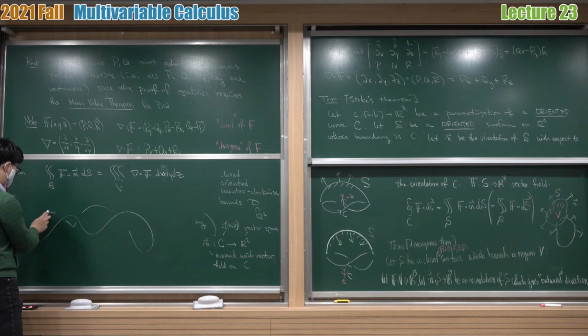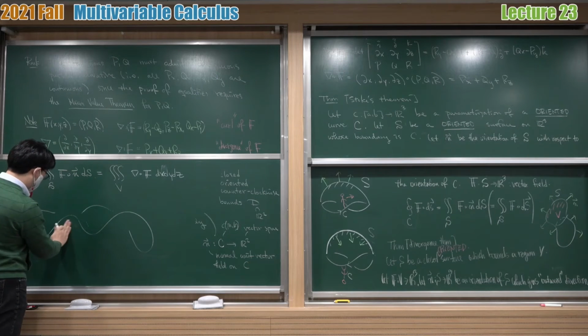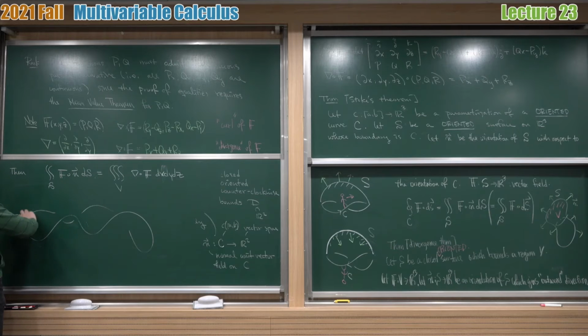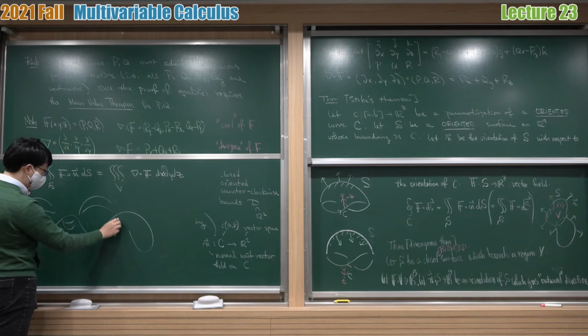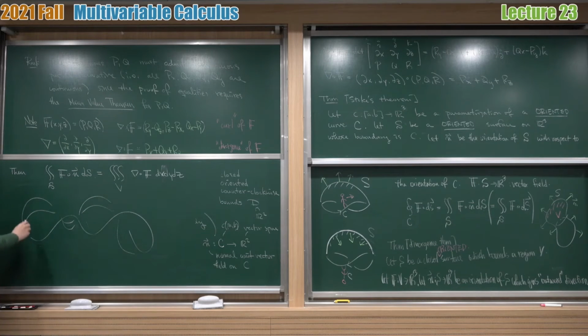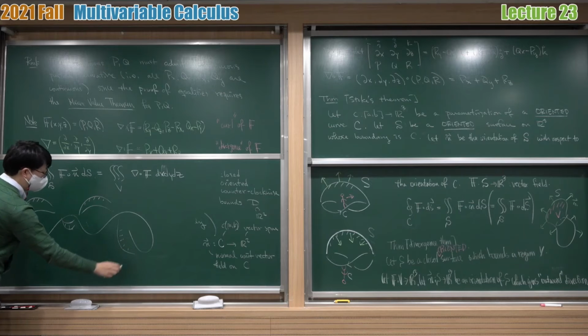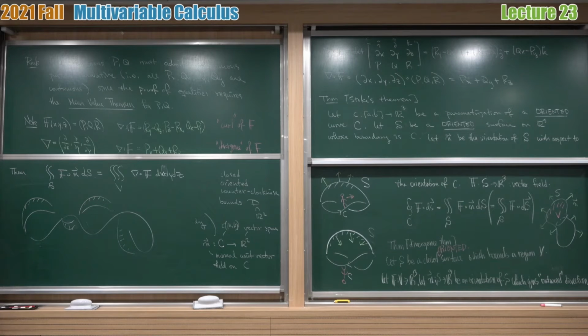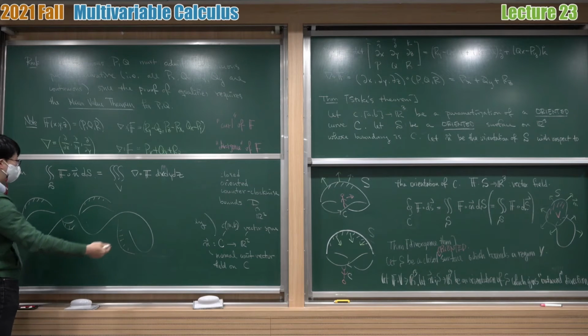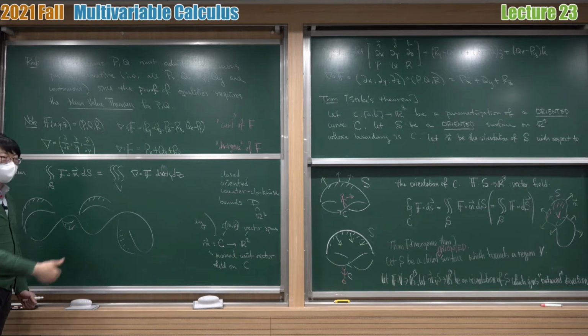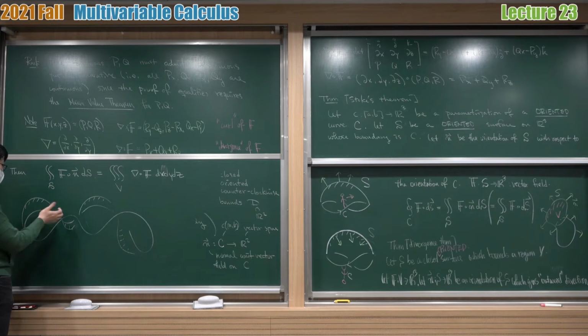Well, it's not really that complicated, not even for this example, but let's say I have this kind of surface. If you want to make a whole picture in one big circle, then you can use the right-hand rule. But what if it's so big that you cannot even look at one big picture of the surface?